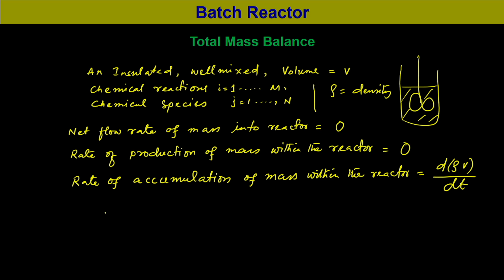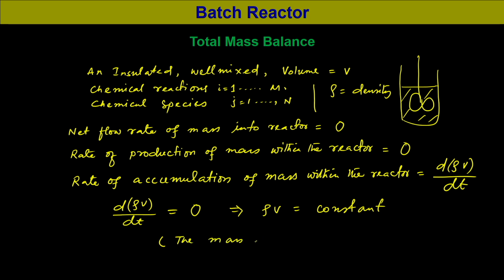So, we can write d(rho V)/dt is equal to 0, which simply says that the mass inside the reactor is constant, or rho V is equal to constant.